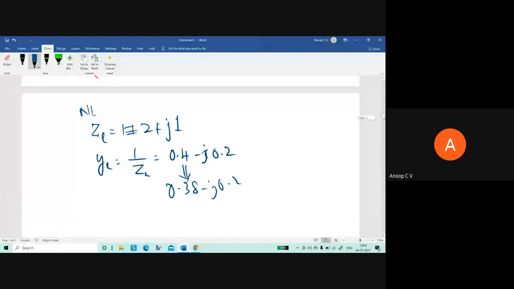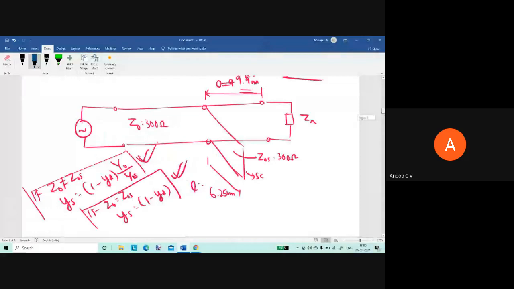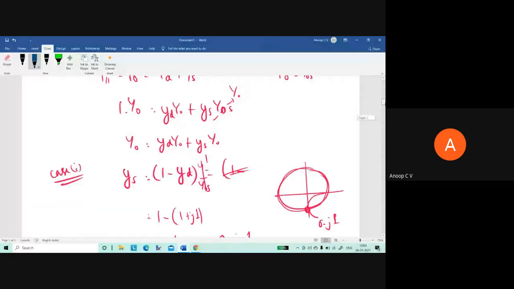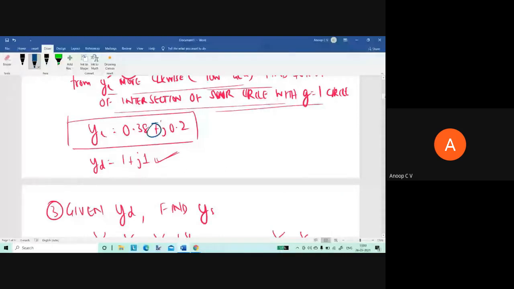If I have written plus, it's my mistake, but it's not a problem. Why? Because YL we are not using anywhere in calculation. Graphically we are only finding the point YD. Even though there is a sign mistake in YL, it was not an issue. But actually it should be 0.38 minus J 0.2.